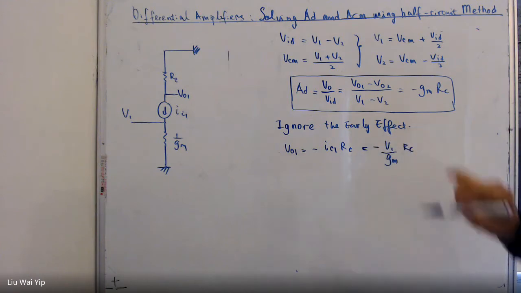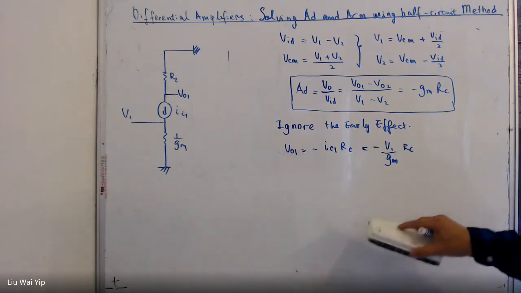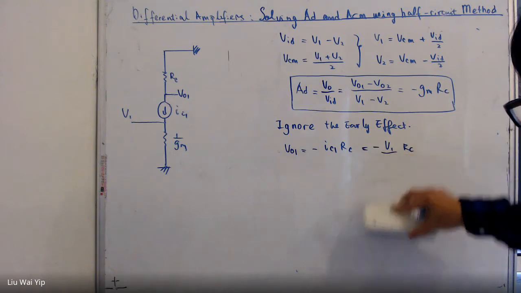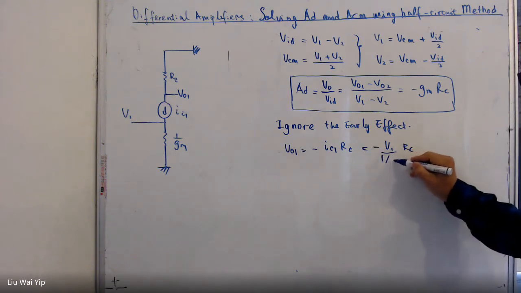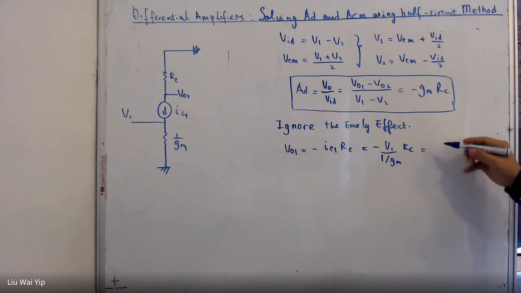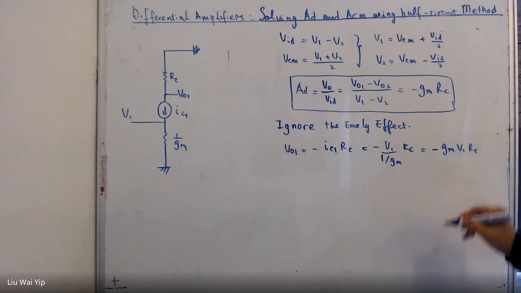And do not forget, we have a minus sign here. So we can get VO1 equals minus gm V1 RC.